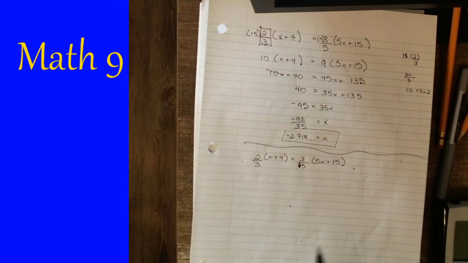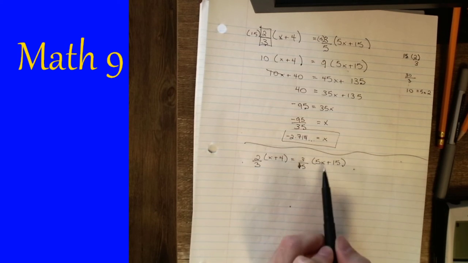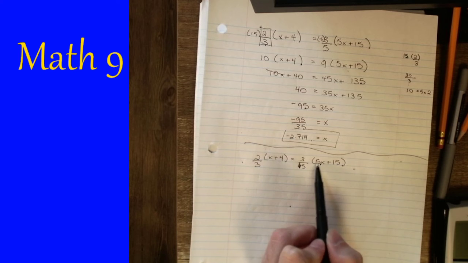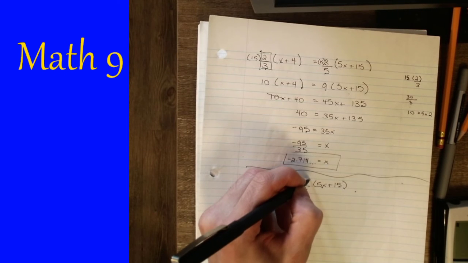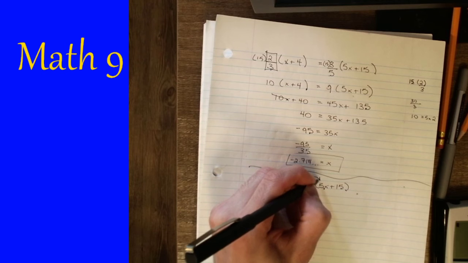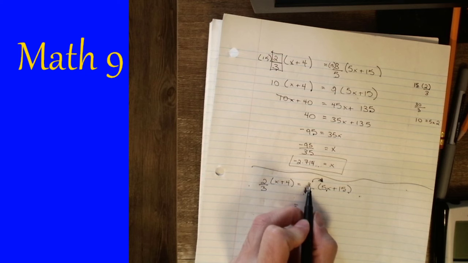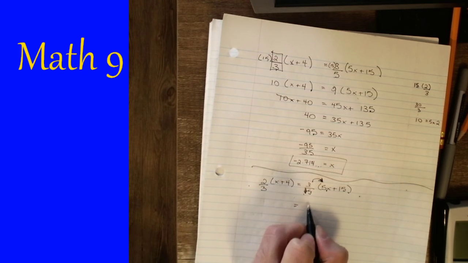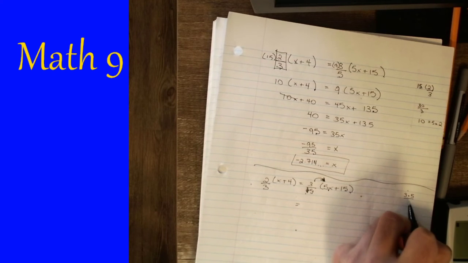Okay, so this is a strategy that you can use when you recognize some things that are very nice. And what's nice about this is on the right side of the equation, 5x is divisible by 5. 15 is also divisible by 5. So I can expand this out nicely, even though it's not a nice fraction. So this becomes 3 times 5 divided by 5.